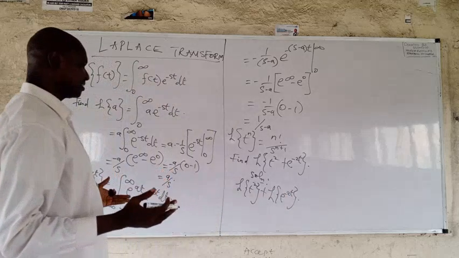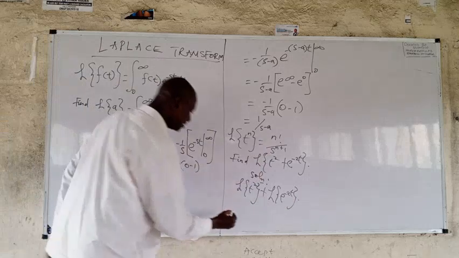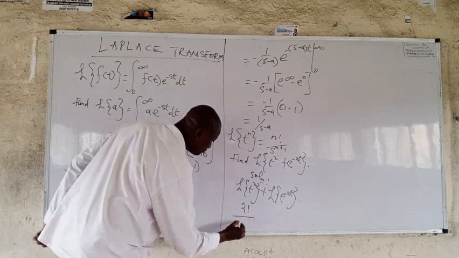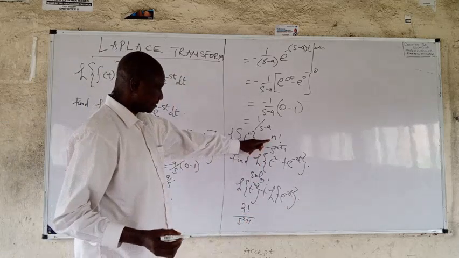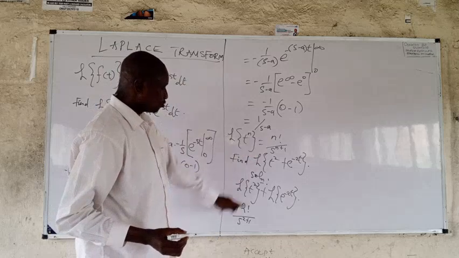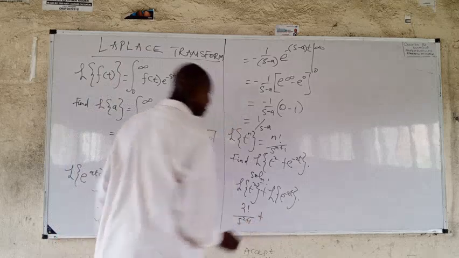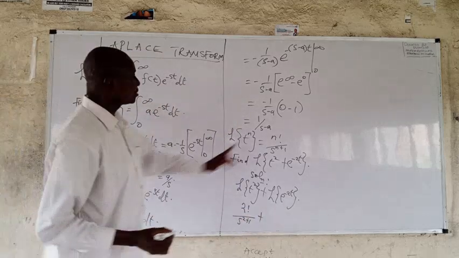When this is written, we go straight away with the formula relations, and this gives you 2 factorial divided by s raised to the power 2 plus 1, where the n is replaced with 2 from the formula relation. Take note that exponent at already gives us this relation.